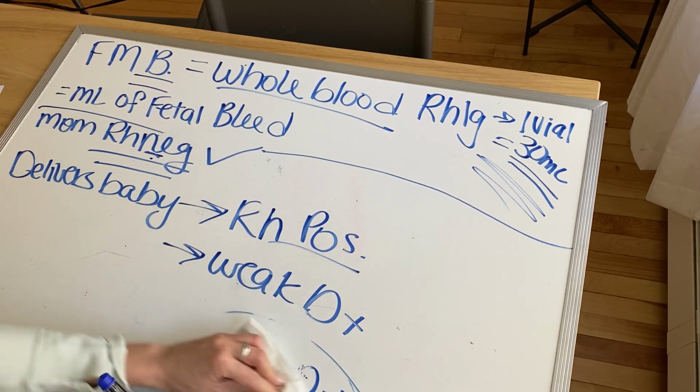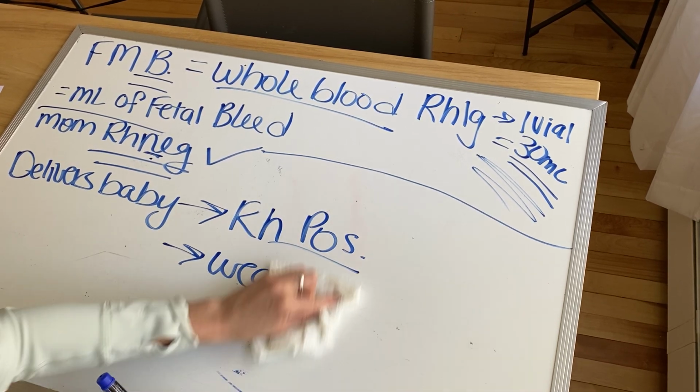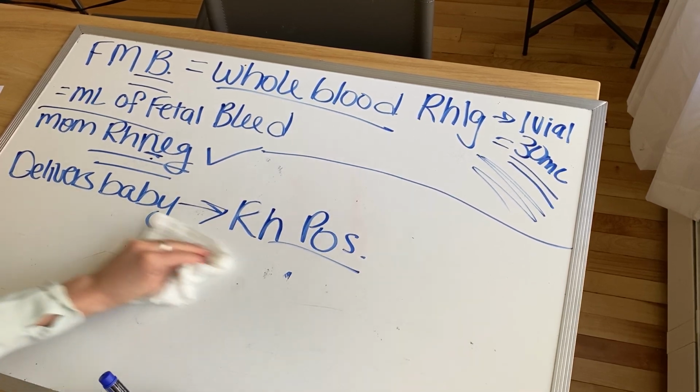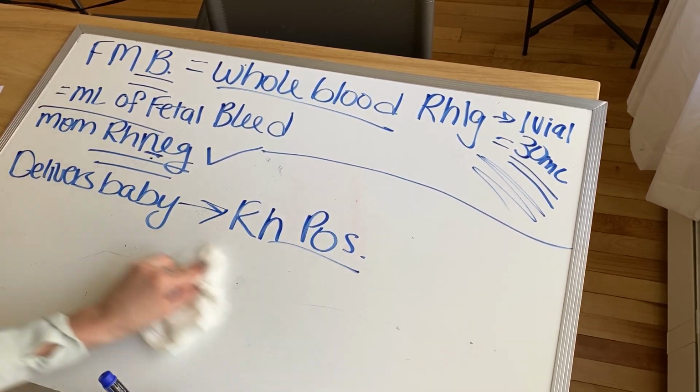So we obviously have to do a weak D on all of the Rh negative babies that are born.